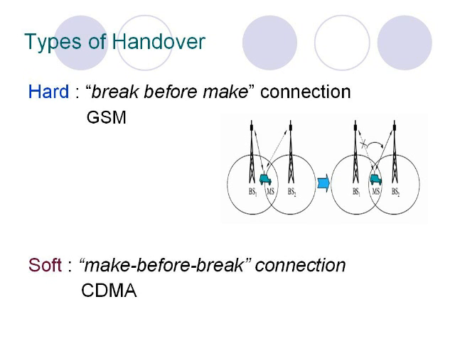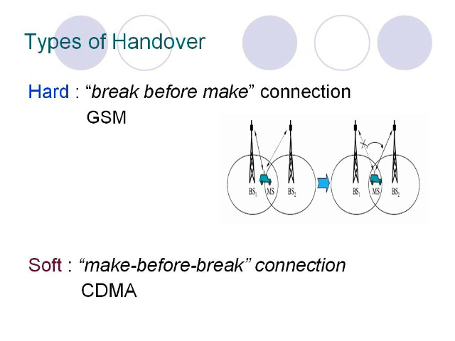A call in progress is redirected not only from a base station to another base station, but also from its current transmit-receive frequency pair to another frequency pair. An ongoing call cannot exchange data or voice for this duration. For example, GSM, that is Global System for Mobile Communication, uses this type of handover technique.